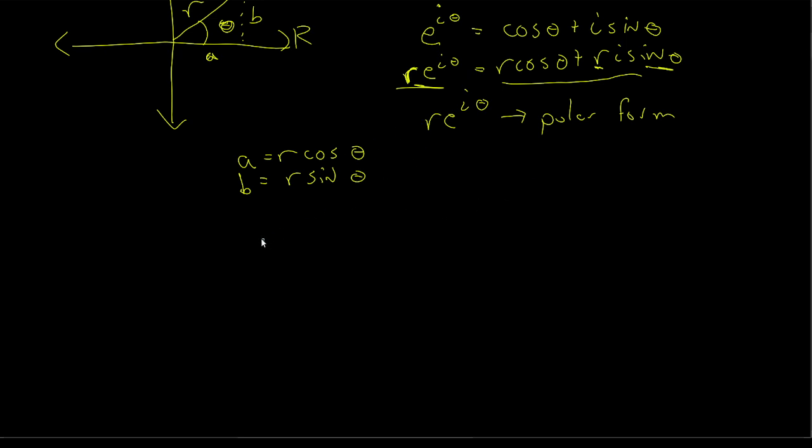In fact, an example, just using e to the i theta equals cosine theta plus i sine theta. Well, the derivative with respect to theta of this is the same as the derivative of this.